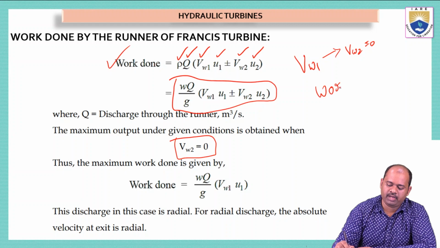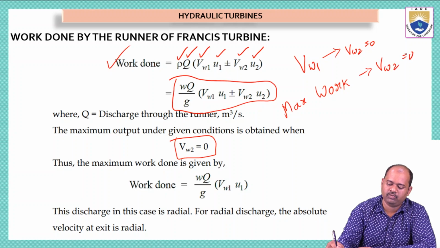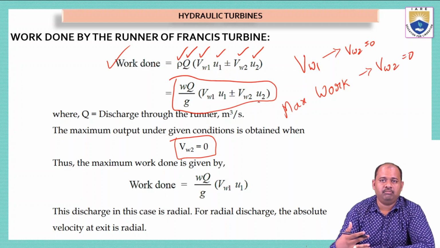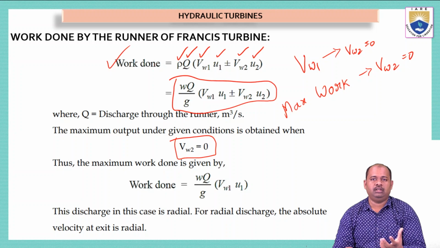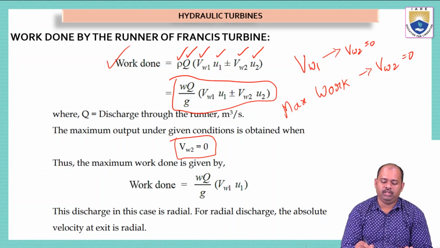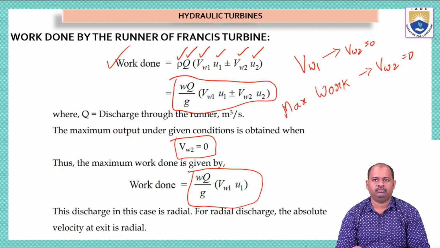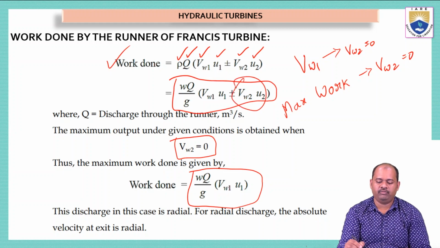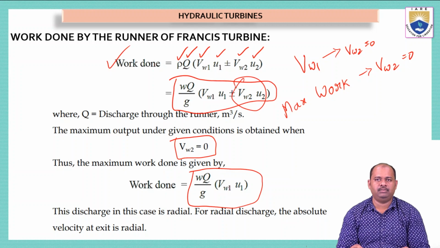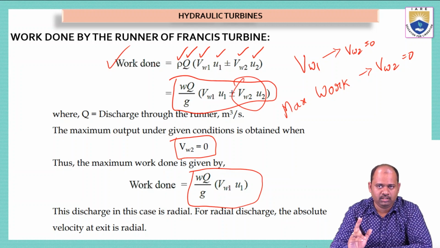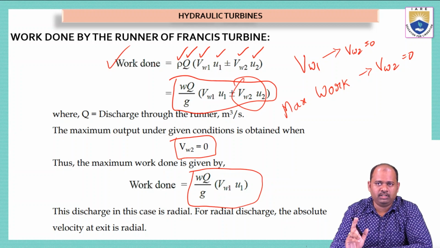So if we want to get maximum work, we have to consider VW2 equal to 0, which makes the work done like this. This is the formula for maximum work done. This entire part goes to 0, and the remaining part will be WQ by gravity multiplied by VW1 and the velocity at inlet.